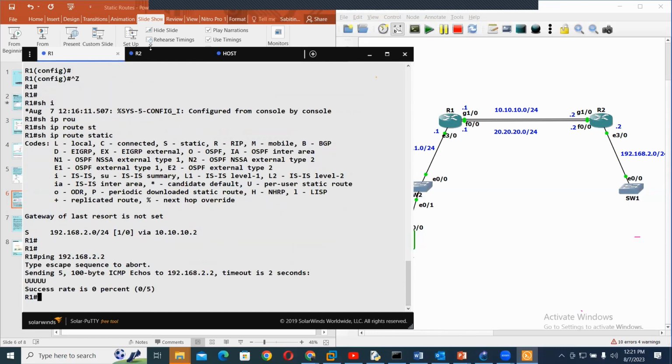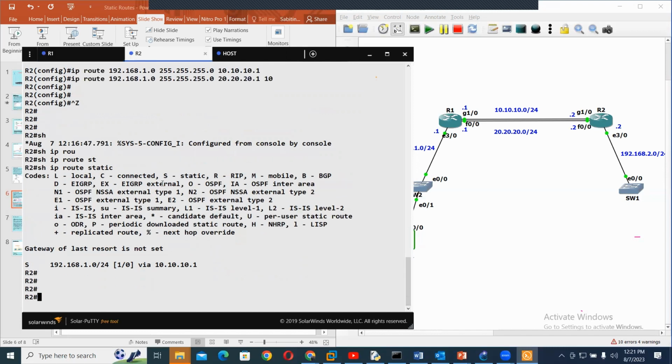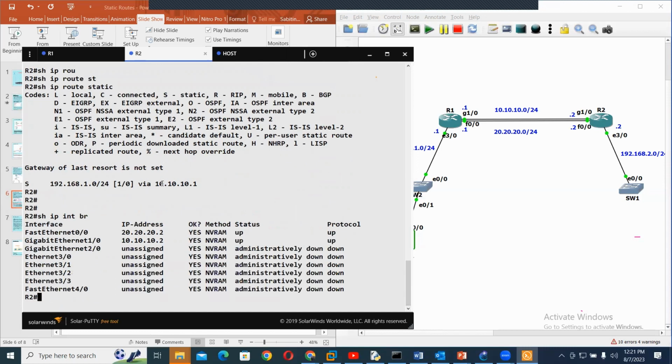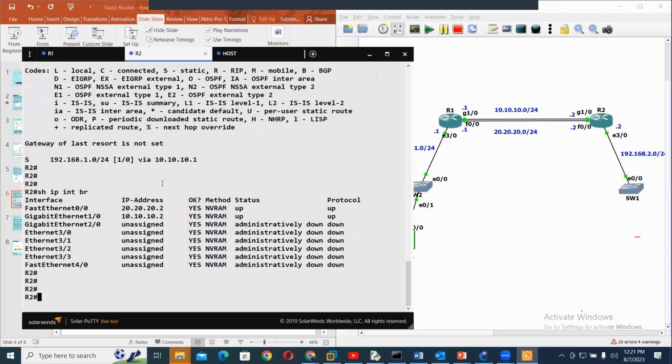Unreachable. Let me check if I have the correct configuration on the interface. IP int brief. Okay, I've not configured this interface E3/0.